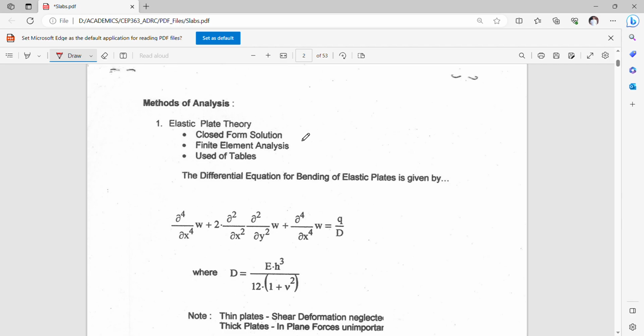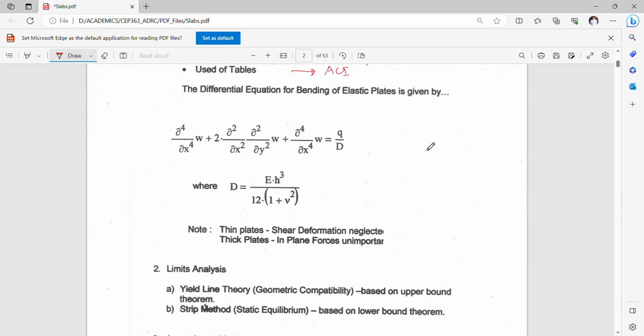But since complexity will not allow you to do a very analytical, highly mathematical solution, then we go to finite element analysis, which can be very well presented in terms of software. Okay, so all software you're choosing the finite element solution. And we have also the tabular solution, which has something to do with ACI tables. Okay, so a lot of ACI coefficients can be used for such.